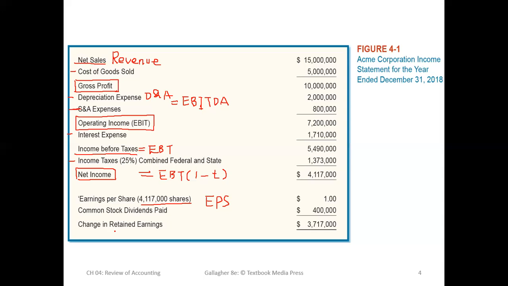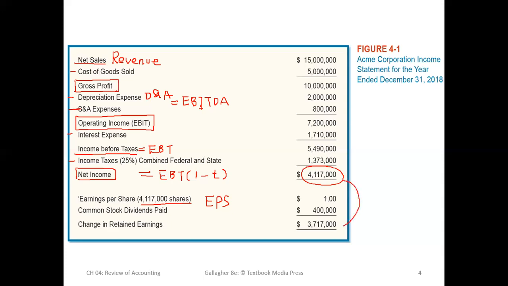What is retained earnings? If, for example, your company generates 4,170 US dollars, what are you going to do with all this amount of money? You could do two different things.